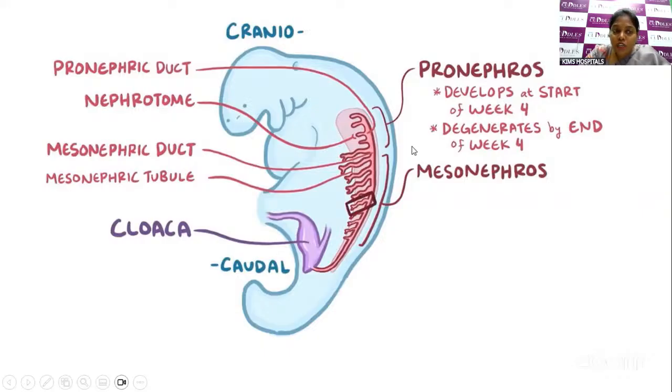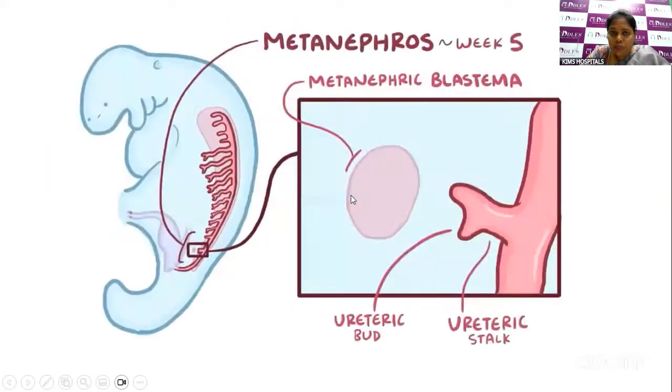The mesonephros also creates finger-like projections, the mesonephric duct and the mesonephric tubules. The mesonephric tubules have finger-like projections at the end which resemble the Bowman's capsule.